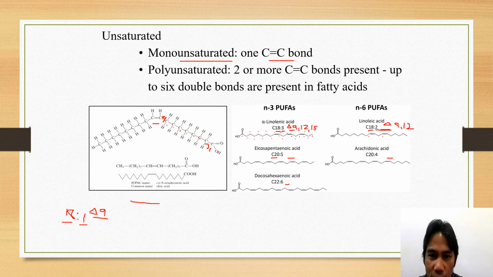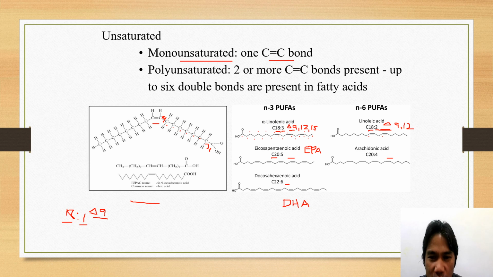Find out for the rest of the molecules, for eicosapentaenoic acid, known as EPA, where the double bonds are. And DHA, you will usually encounter DHA as a component of milk formula. DHA has 22 carbon atoms and 6 double bonds.